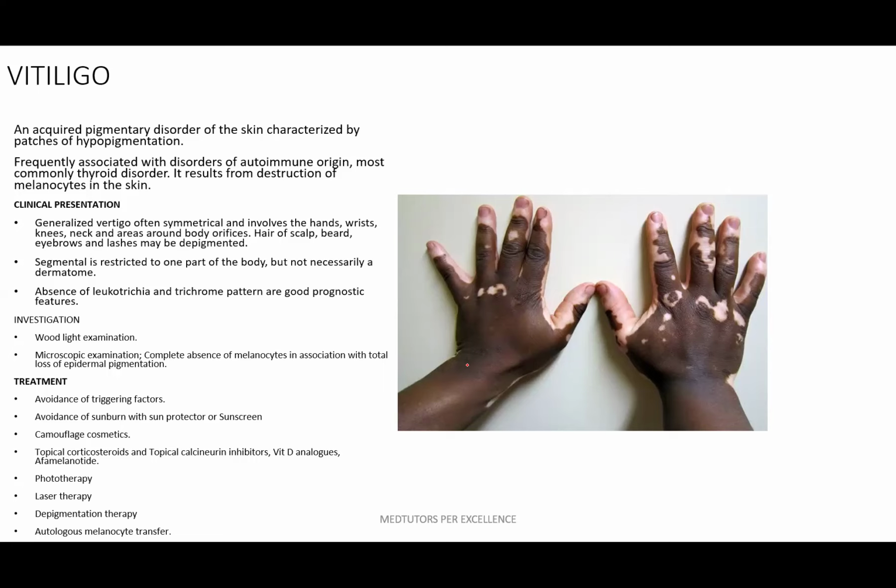You just see their lips whitish, while they are black-skinned people. Sometimes around those hypopigmented areas, the hair becomes white. If they have vitiligo on their head, the hair around that patch will be whitish. If it's in their beard, the hair around that area will be whitish.